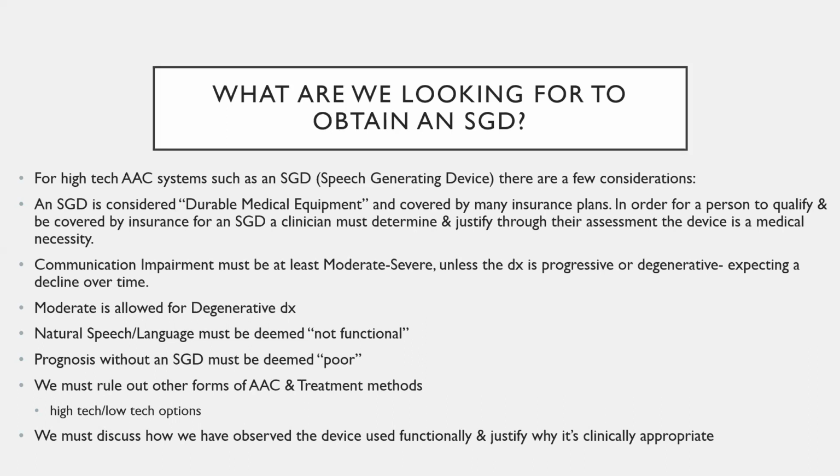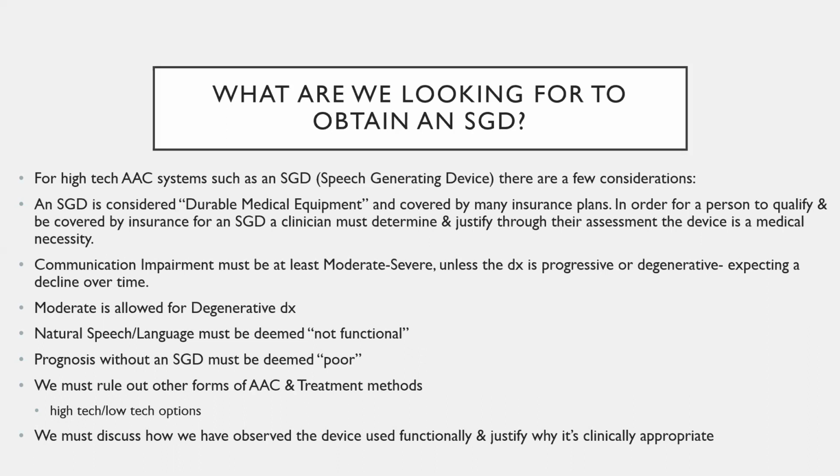So what does that exactly mean? Well, for one thing, the communication impairment must be at least moderate severe, just exactly as it's written. Sometimes I say moderately severe so we don't get confused. Moderate is not allowed unless the diagnosis is progressive or degenerative, so we're expecting a decline over time.